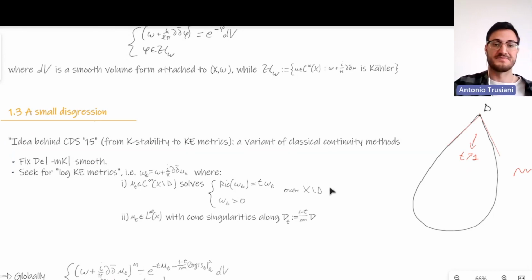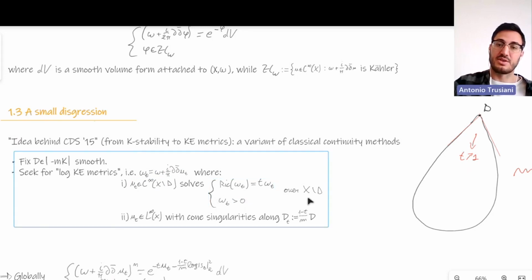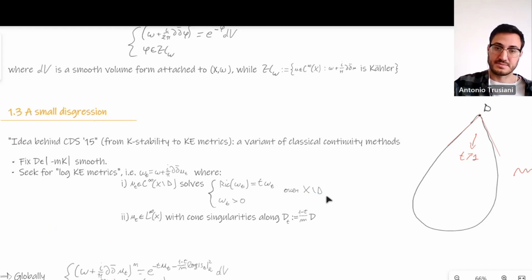There is a typo here, and they seek log Kähler-Einstein metrics. So they seek omega_t, given by omega plus i over pi partial partial-bar u_t, so another form in the same cohomology class of omega, such that omega_t is a Kähler-Einstein metric on X minus D.